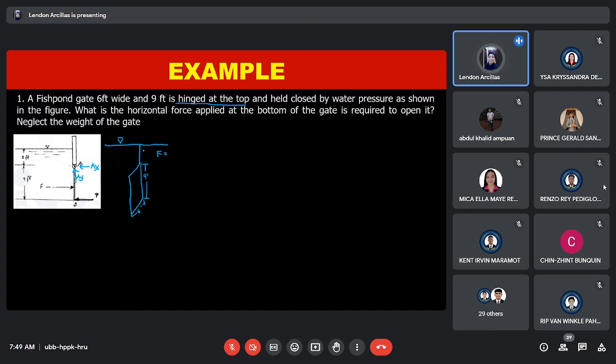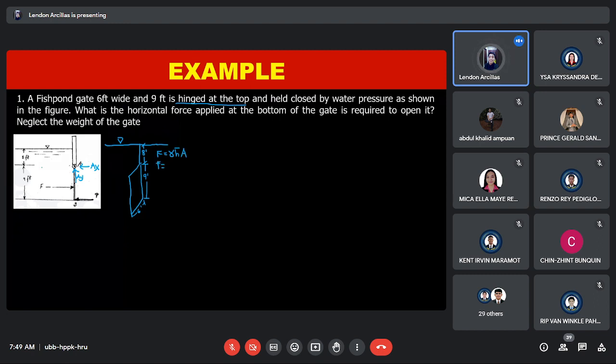So this is 8 feet, right? 8 feet. So F is specific weight times the H bar, or the distance from the surface to the centroid of the gate, vertical, times the area of the gate.